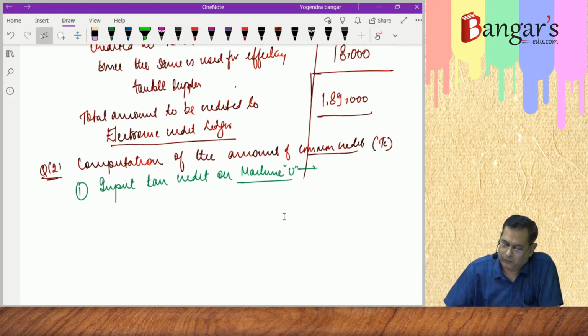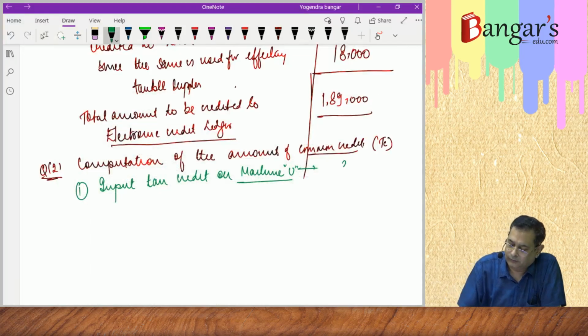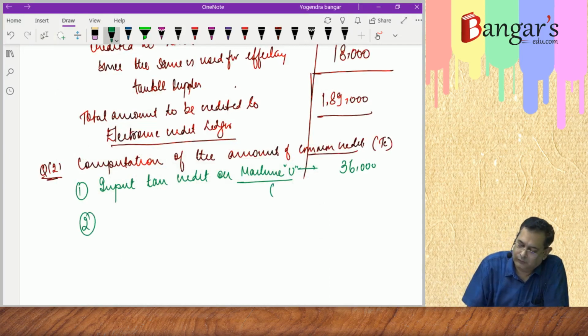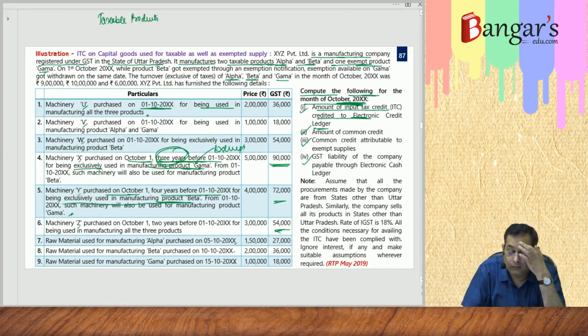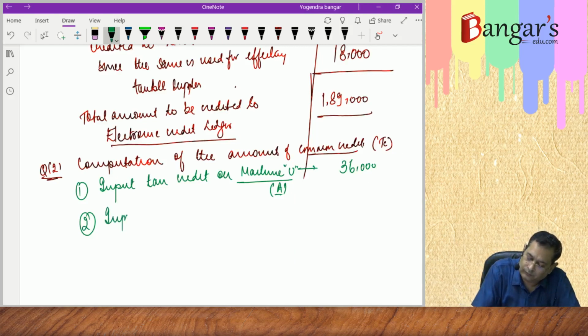How much input tax credit you can take from here also? 36,000 rupees, which is denoted as A. Then machine V was for taxable and machine W was for exempted, and now machine X. Input tax credit on machine X.